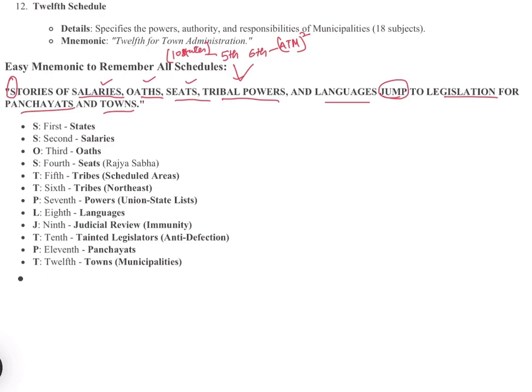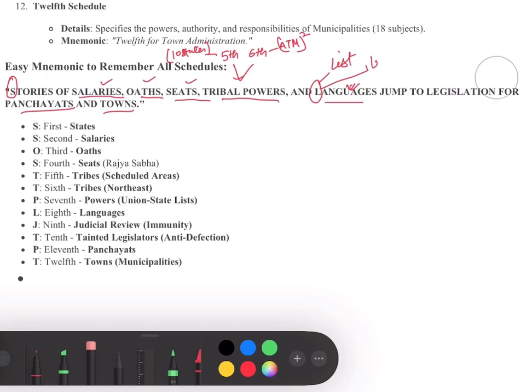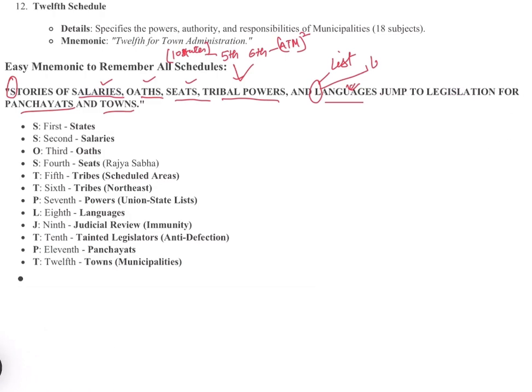Then the seventh schedule, which talks about lists. Then the eighth, which talks about languages. And then the ninth. The J stands for judicial review, which talks about the ninth schedule.